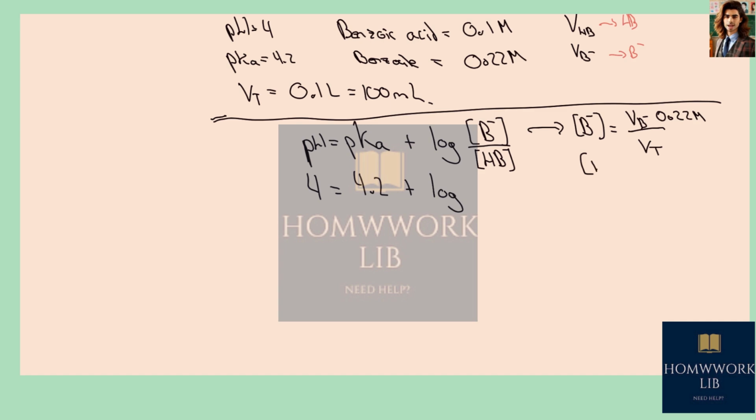In the case of HB, it is the same, but with the concentration of my benzoic acid, which is 0.1 molar, multiplied by the volume of benzoic acid divided by the total volume. Other information that we can provide is that the total volume is going to be equal to the volume of benzoate that I added plus the volume of benzoic acid that I had.